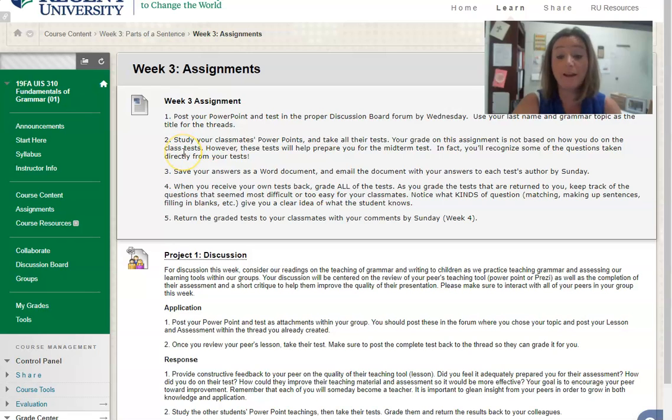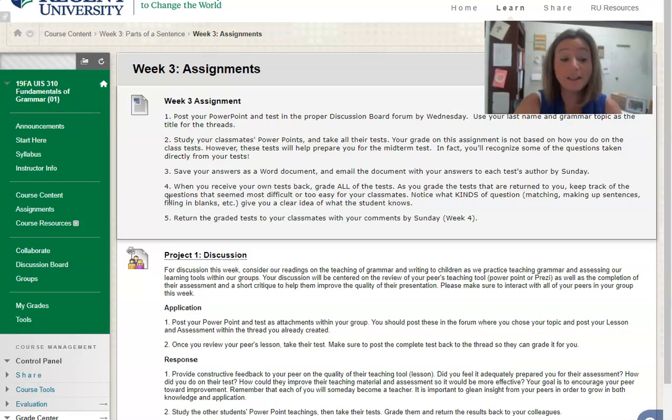So when you have reviewed each person's teaching lesson and then you take their assessment, you're going to want to save the answers to their assessment, and then you're going to want to email it to the author of that assessment. When you get your test back, you are going to want to grade them. You're going to want to, again, do some data analysis.